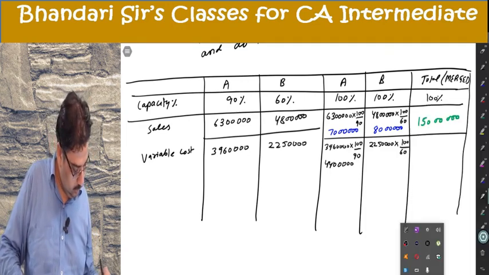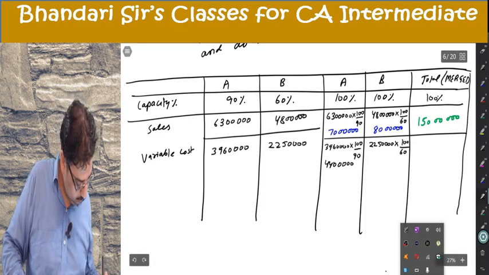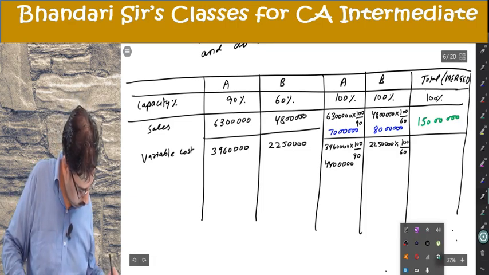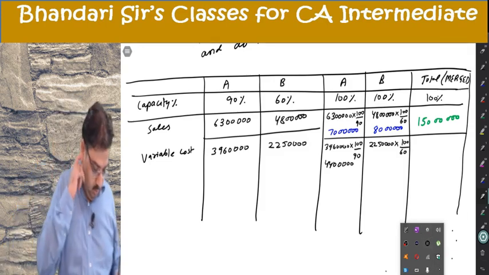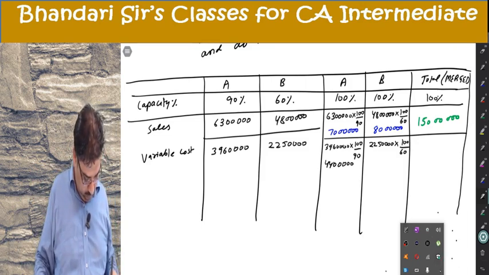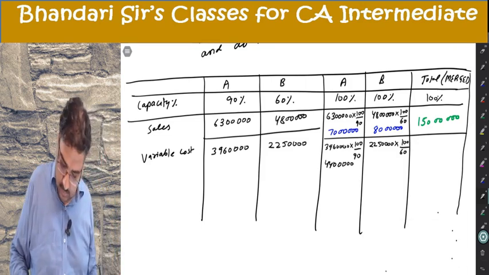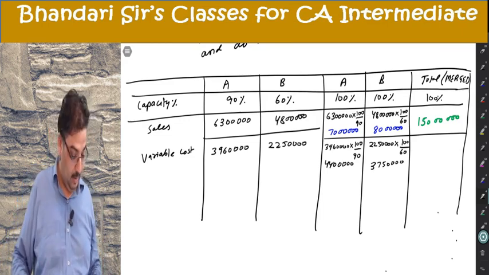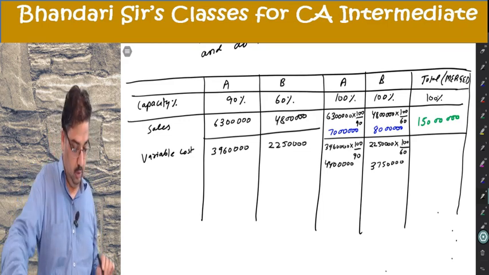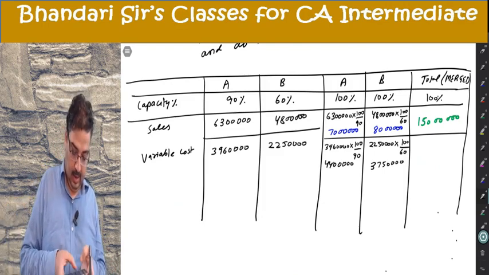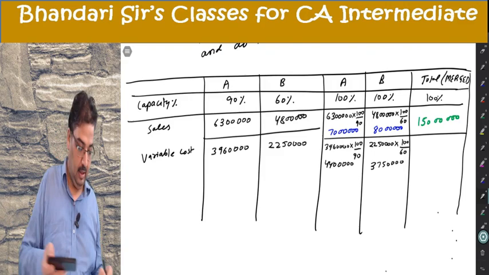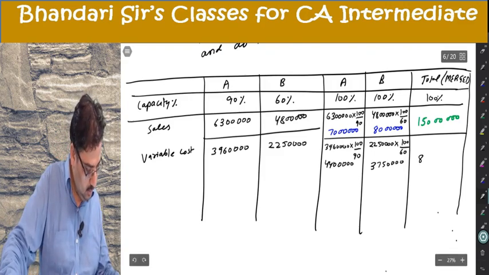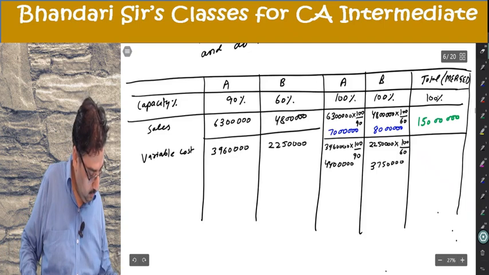What I am getting there? 37 lakh 50,000. Add them. Once you add them, 44 lakh and 37 lakh 50,000. 81 lakh 50,000.